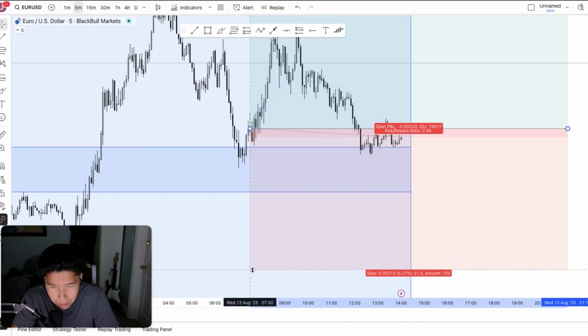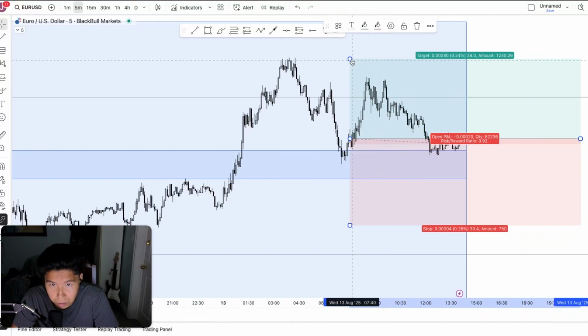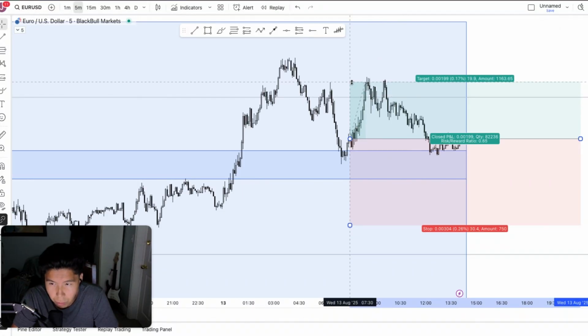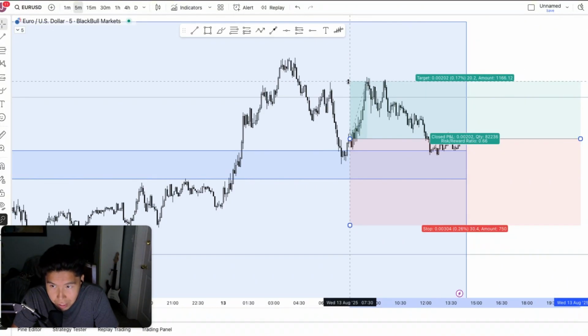So I always do 30 pips of risk. And then I either do 1-to-1, so I aim for 30 for the profit, or I aim for 20. What I usually do is I set the 30 pip mark. So this would be the 30 pip mark. Obviously it didn't hit it, but I manage it. And I have alerts set for like the 20 mark right here to see if I want to close it or not.